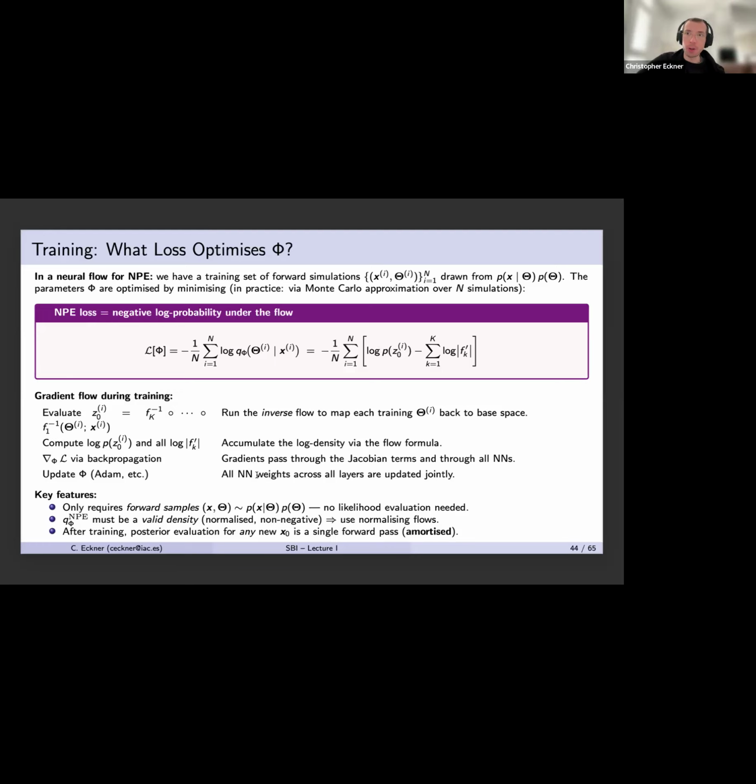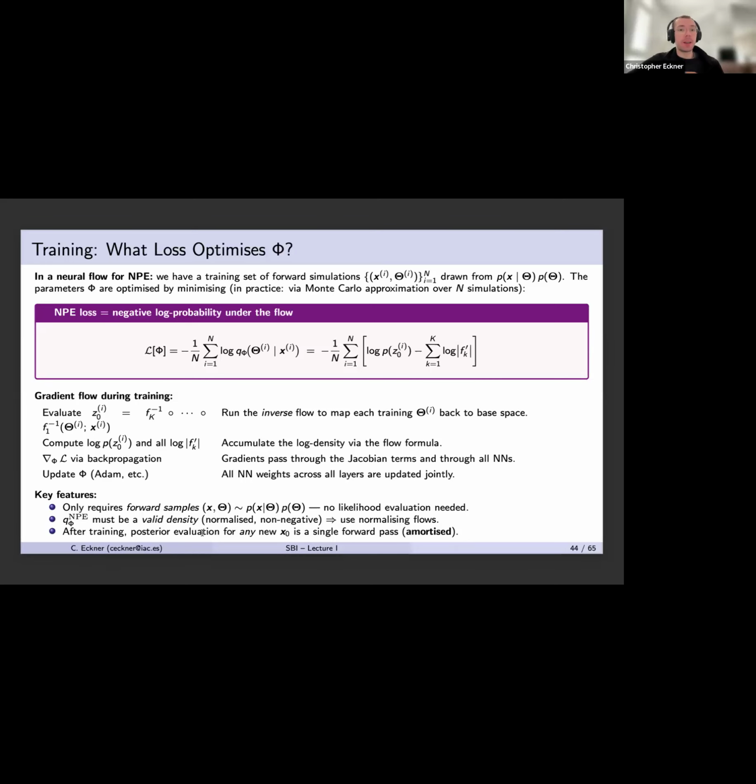It's just that your neural network is part of the normalizing flow. Okay, as I said, this requires the forward sample that you've drawn from your joint likelihood distribution, and you need a valid density estimator that is in this case described by these normalizing flows.